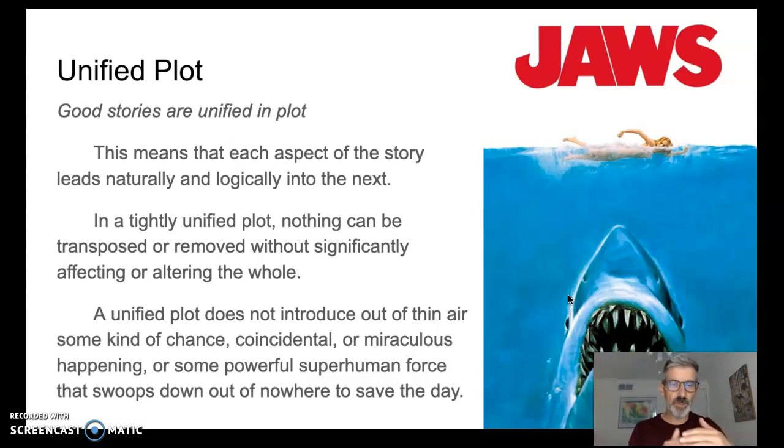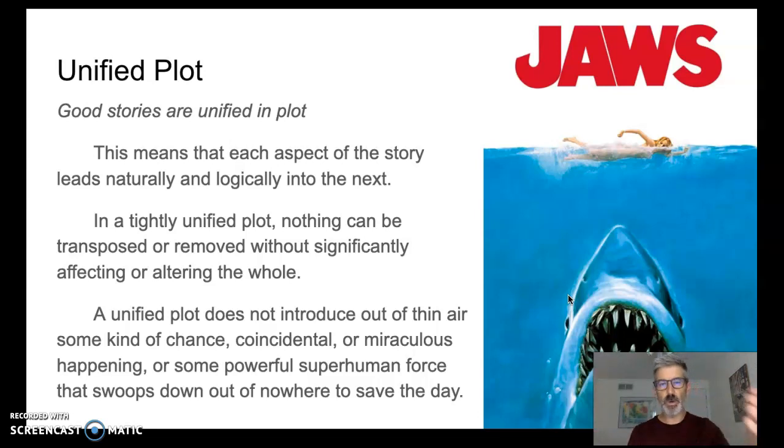In short story writing, Edgar Allan Poe always talked about how pulling out one sentence in his story should change the overall meaning of the story. Every sentence in his short stories, he hoped, mattered. The same goes for a movie. I've got an example here, a picture from the movie Jaws, which is considered one of the most unified of all stories. There's really nothing in that movie that doesn't matter. Everything leads us to the capture of this shark at the end of the story.